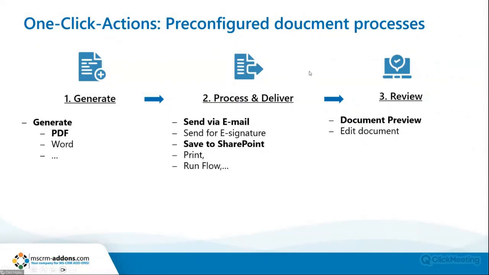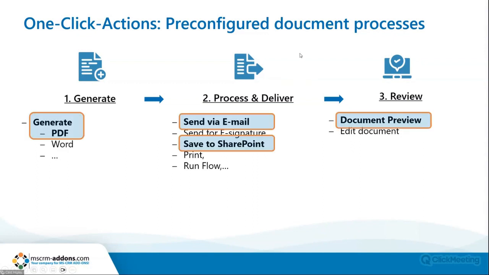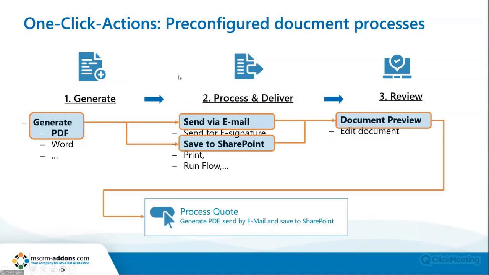So basically, we allow you to configure these one-click actions where these settings are set automatically. I go ahead and predefine them. And then for my users, it gives them just a basic button. They click that one-click action, and it automatically selects the template, generates the PDF, sends the email, saves to SharePoint, and gives them a document preview.